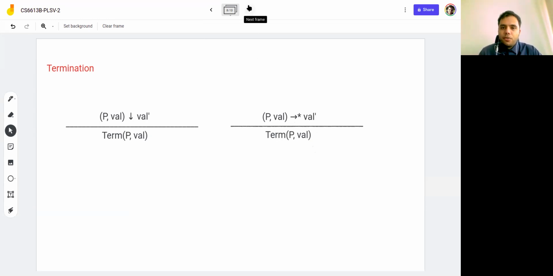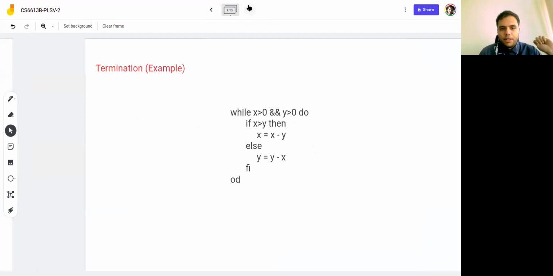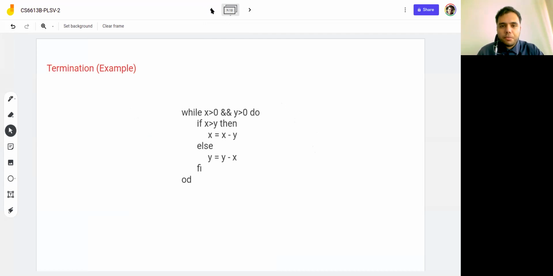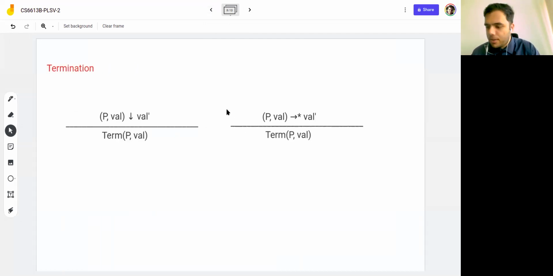Now let's see how we can formally prove and verify that a given program terminates. Before that, I have to say something about this. A curious point here is that when we are defining termination, we are defining it for a program and valuation pair. So we are defining it on a state. What I'm showing here is that term of p-val means that the program P, when it starts on valuation val, will terminate.